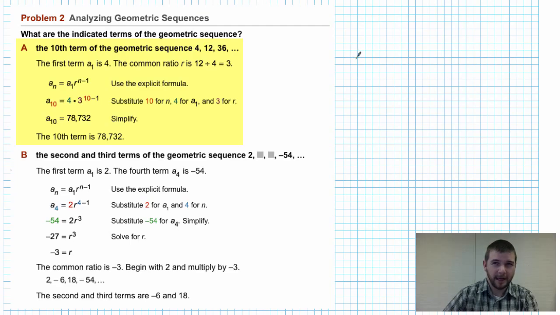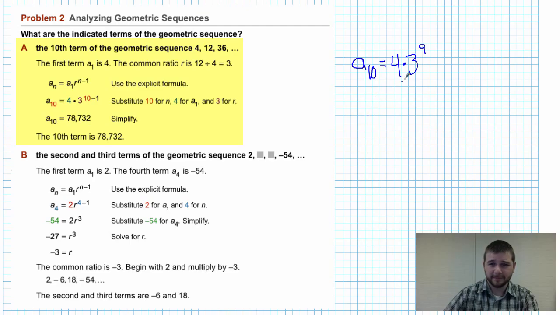A sub n, which for us is a sub 10, our 10th term in the sequence, will equal our first term, 4, times our common ratio, 3, raised to the power of n minus 1. And our index value n is 10. So 10 minus 1, I'll just write that as 9 here.